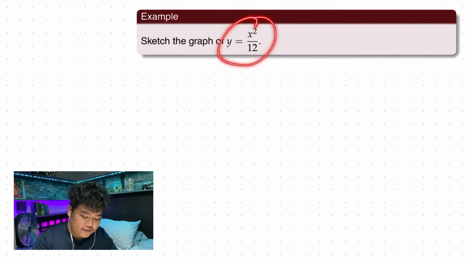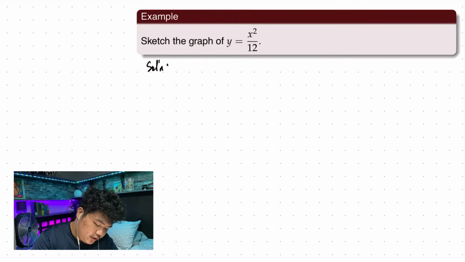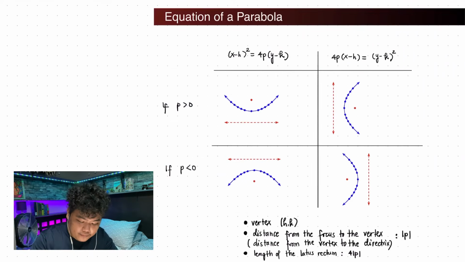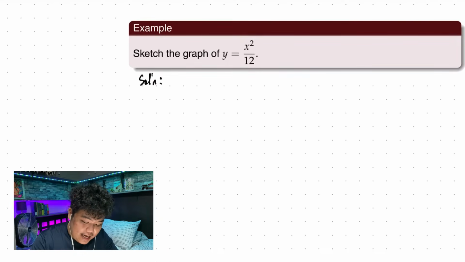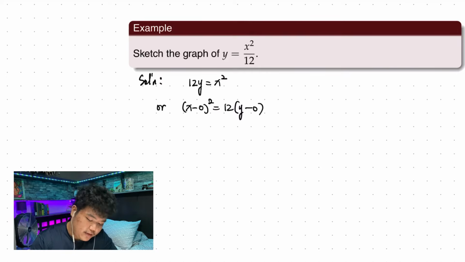Let us sketch the graph of this. So ang first thing is to write the equation in the form na ito or ito. And depending on the sign of P, ma-identify mo kung opening upwards, downwards, right, left. So, kailangan yung naka-square, nasa isang side lang siya. So, magiging 12y equal to x square. Or, this is x minus 0 square equal to 12 times y minus 0.